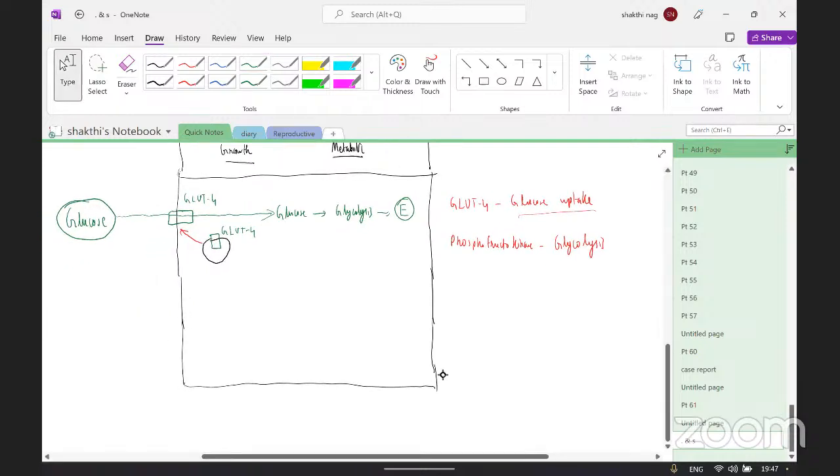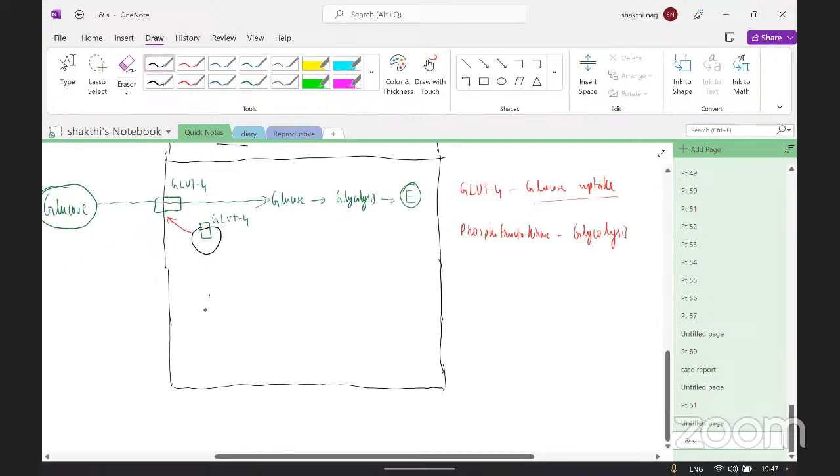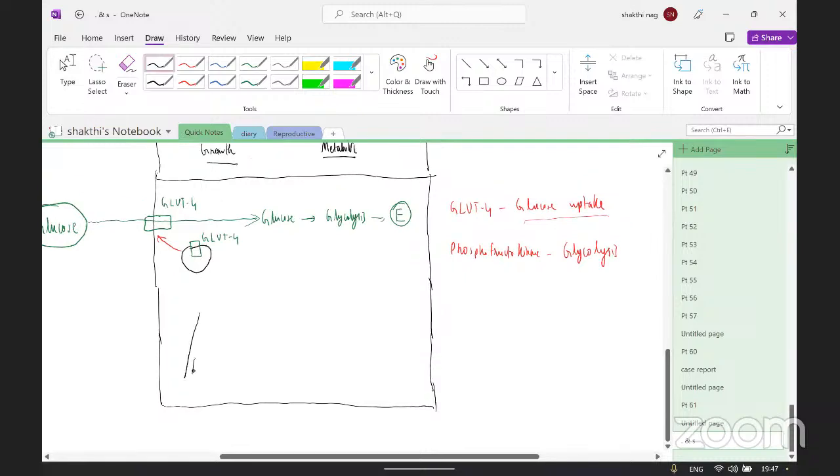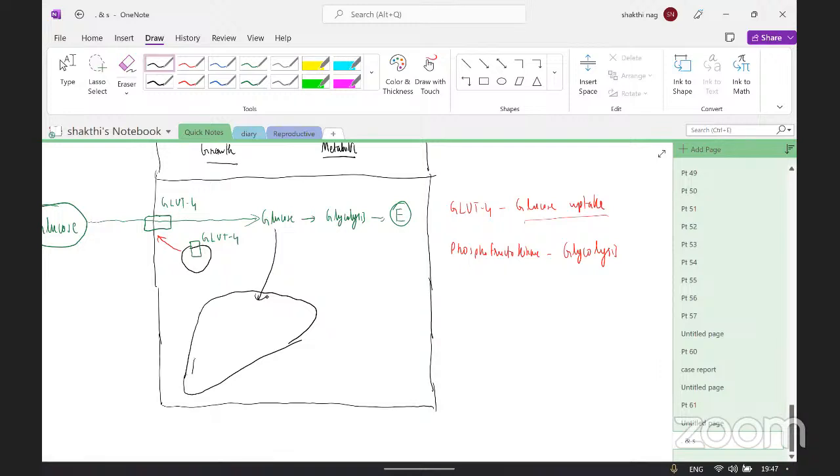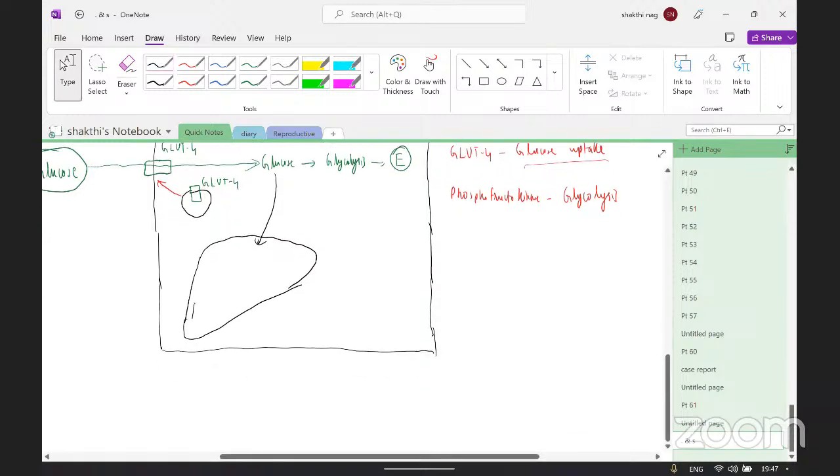Okay. Now, apart from this, we have your liver. So whatever excess glucose is there, which is utilized for energy. Okay, we don't need too much energy. How much ever your metabolic requirements need, that much is utilized. The remaining glucose which is there, which has gone into the cell, that glucose is now converted to your glycogen.